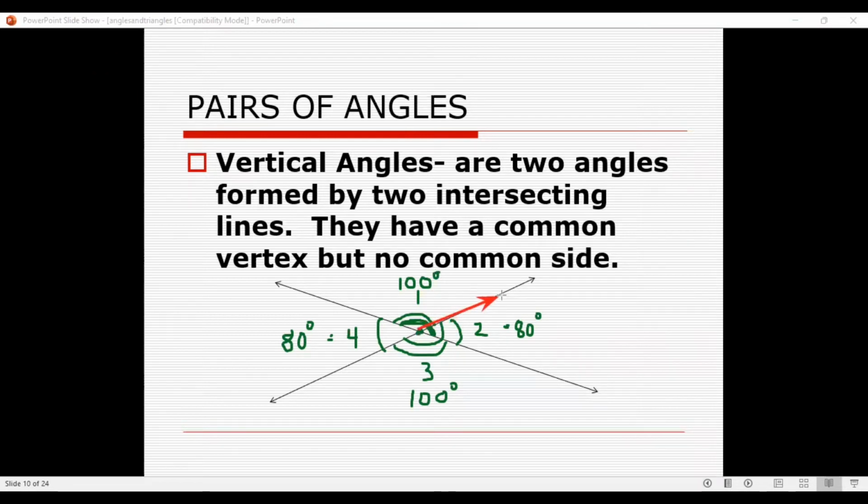I will have this side for angle 1, while for angle 3, the ones that I will be considering are these two sides. So there is no side which is common to both of them. So that is now your vertical angles. Let's go to the next kind, or the next pair of angles.